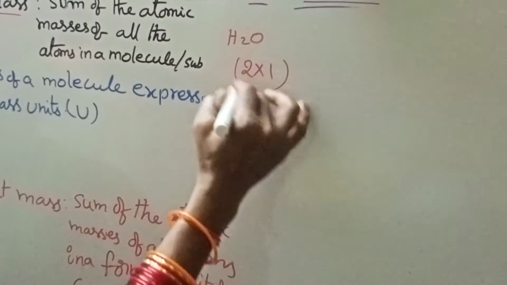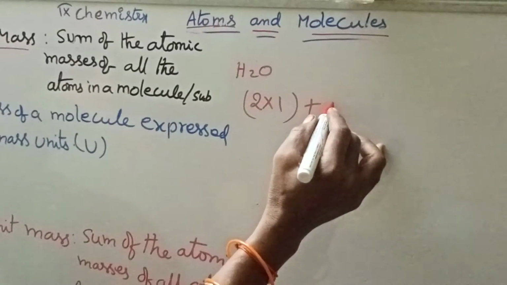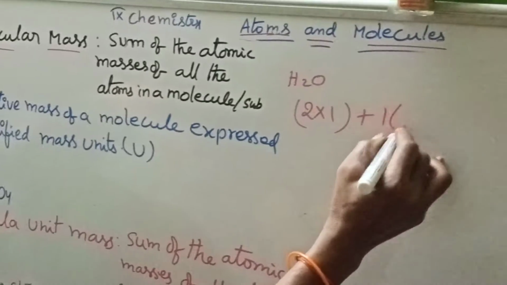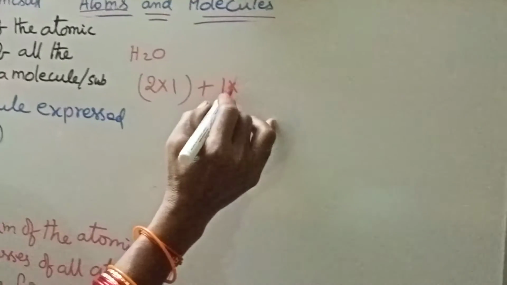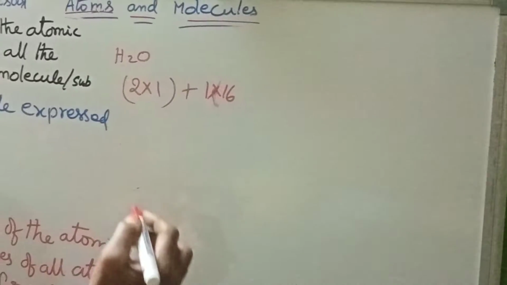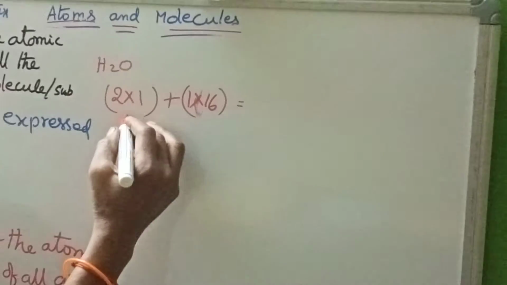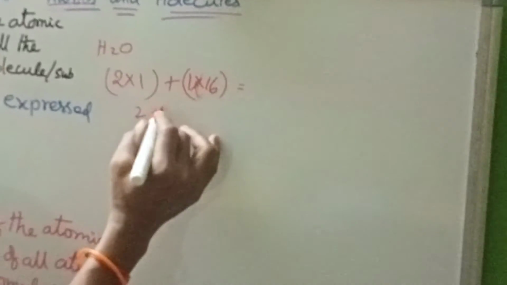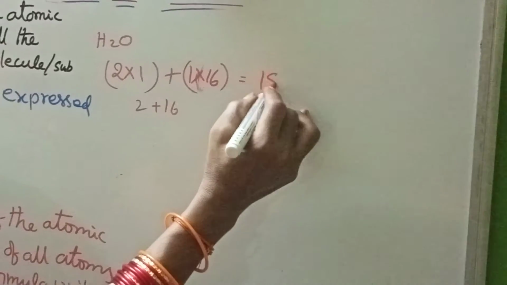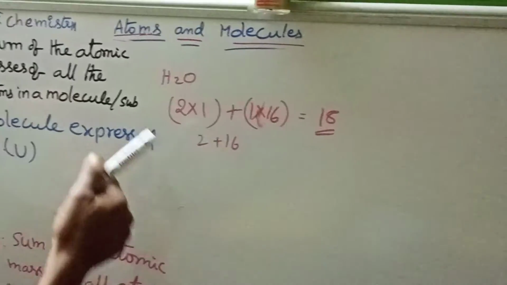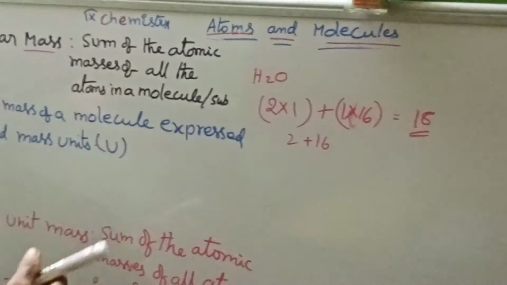And here oxygen, actually one atom only, 1 into 16, atomic mass of oxygen is 16. If you add these, 2 into 1 is 2 plus 1 into 16 is 16, you get 18. 18 is the molecular mass of water.